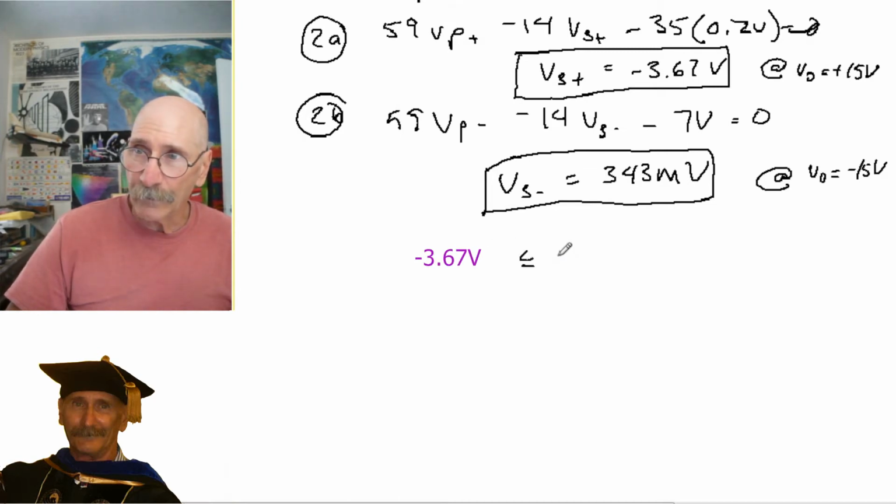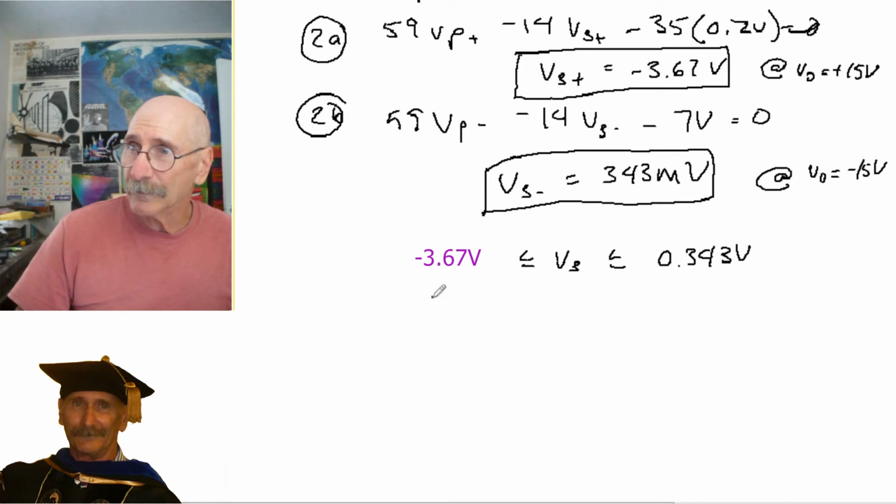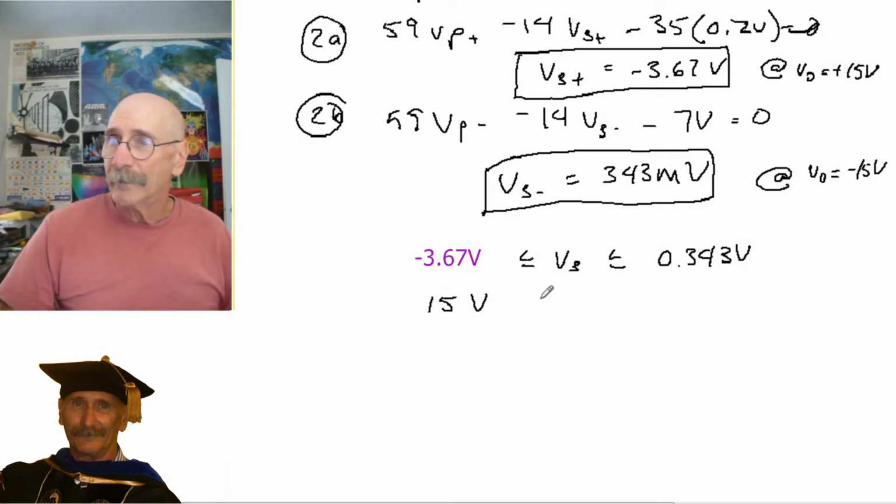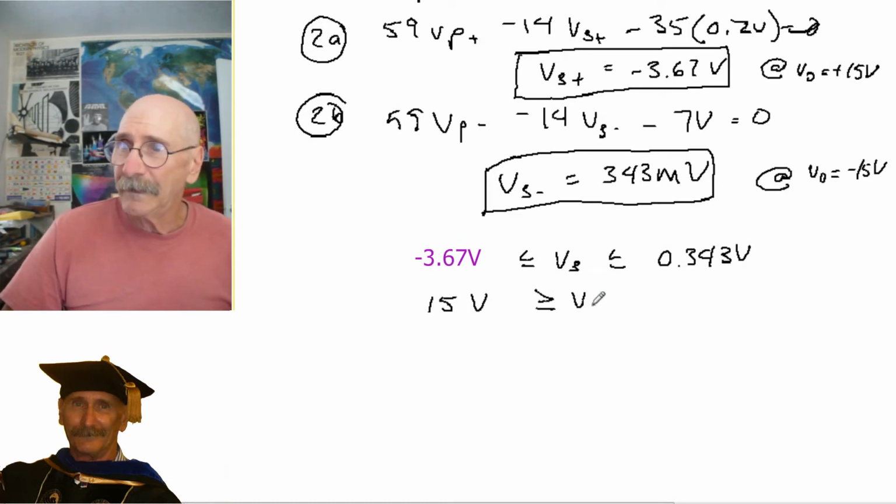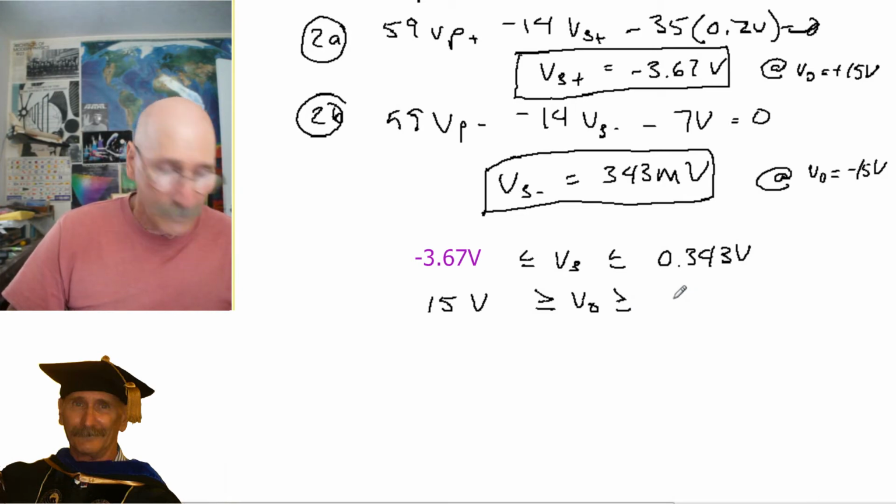So minus 3.67 volts is less than or equal to V3, less than or equal to 0.343 volts, and that's at 15 volts greater than or equal to Vout greater than or equal to minus 15 volts.